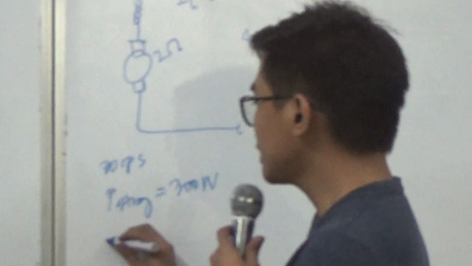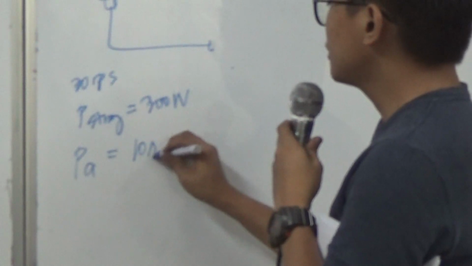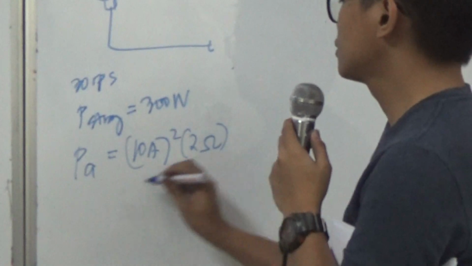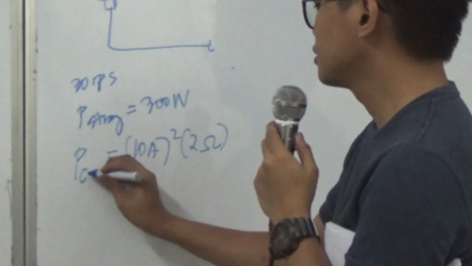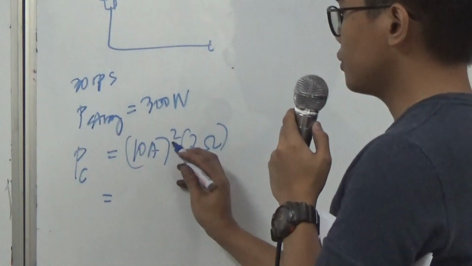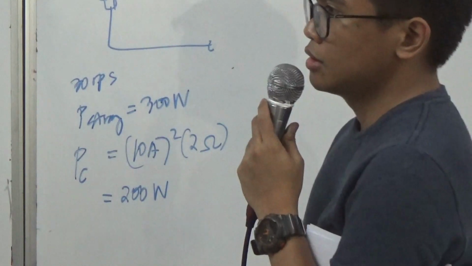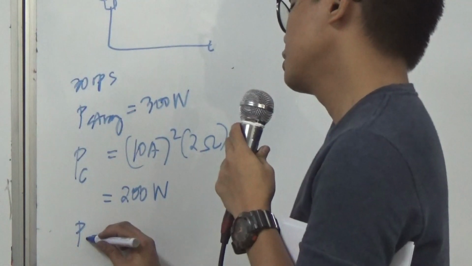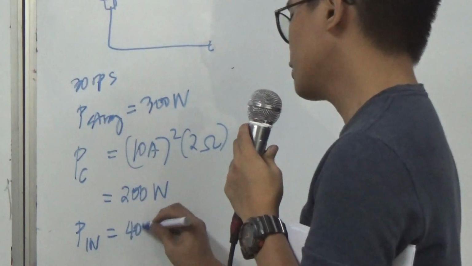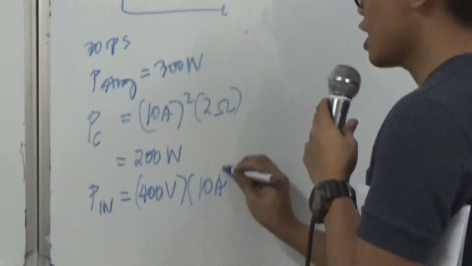So, multiply natin yung PA na, no? PA is equals to 10 amperes squared times RA, 2 ohms. Or copper losses na lang. PC. Total copper losses na yun. So 10 squared, 100 times 2 is 200 watts. Then the power input, P in, is equals to 400 volts multiplied by the armature current, which is 10 amperes.